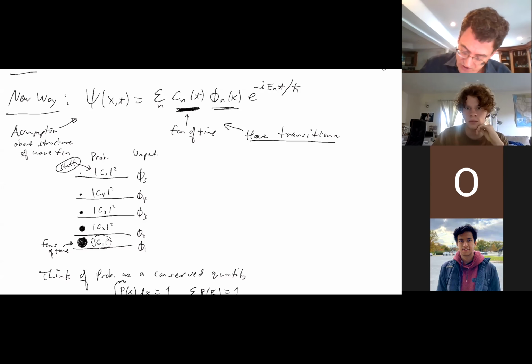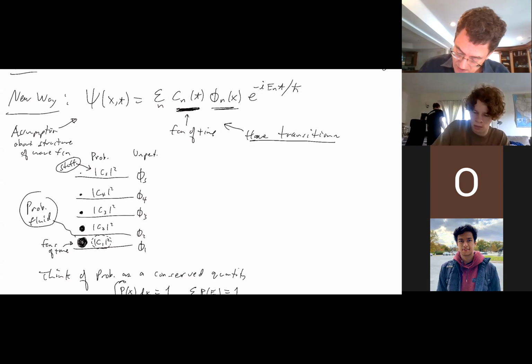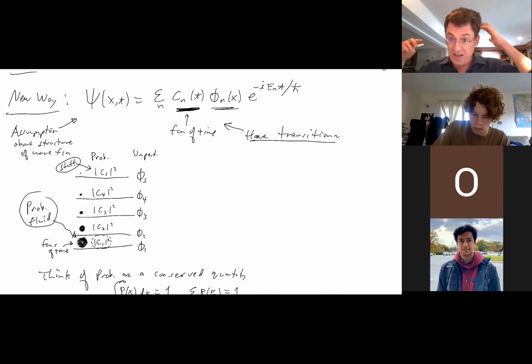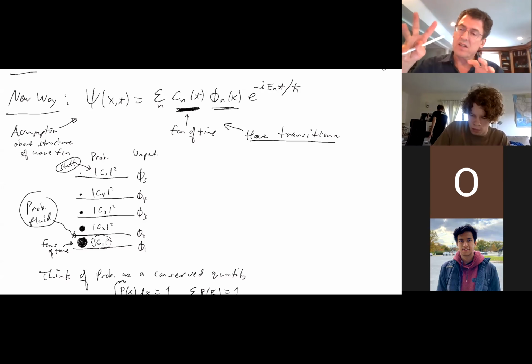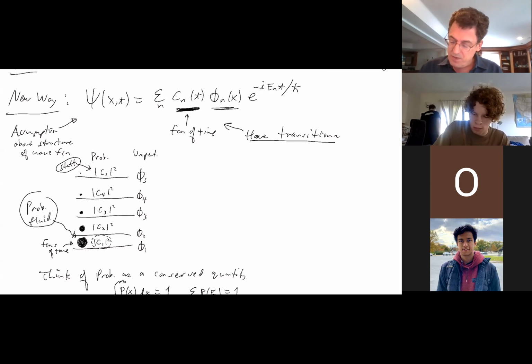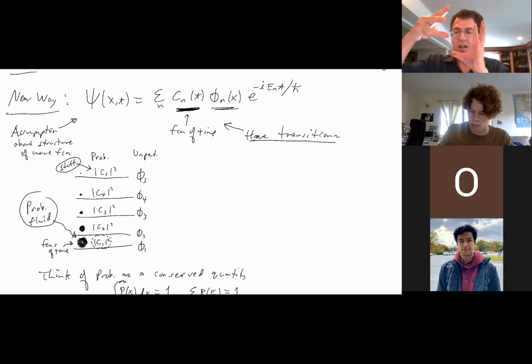I think it's most useful to think of this as a probability fluid that can slosh around. And in the absence of a time-dependent perturbation, the probability is fixed. But when I turn on the time-dependent perturbation, the probability can ooze around. Probability can go from one level to another.